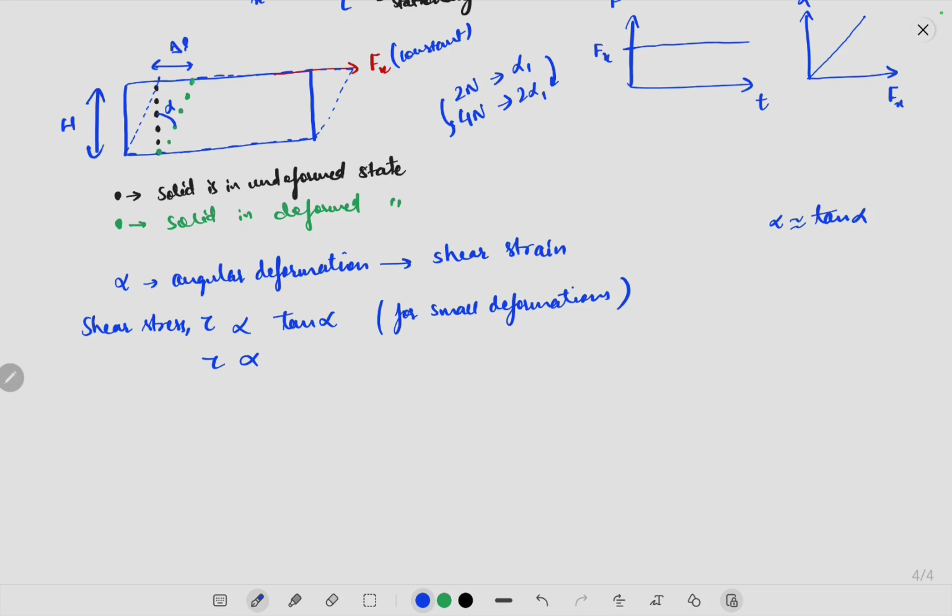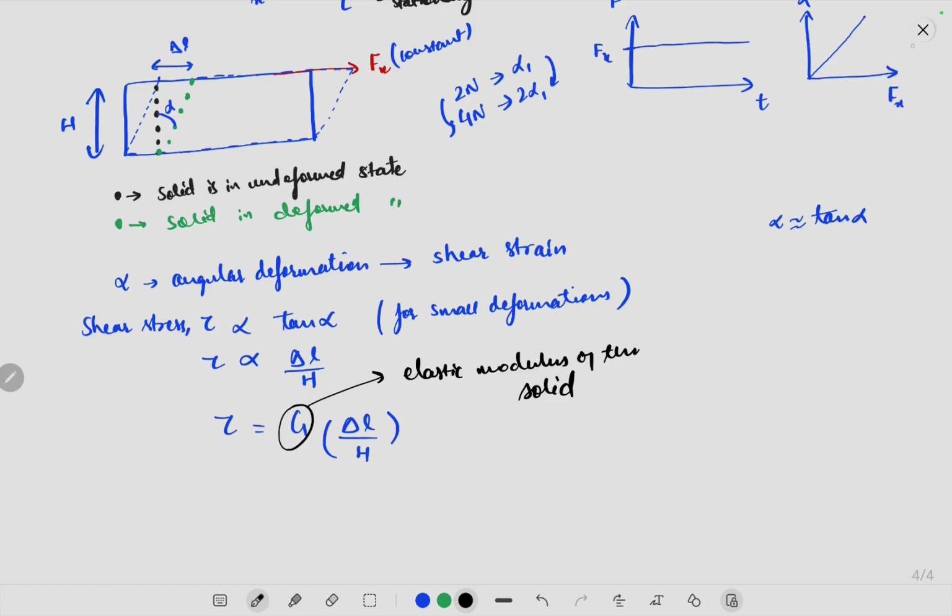Tan alpha would be this by this, delta L by H. Now the proportionality constant is G, so tau equals G times delta L by H, and this G is called the elastic modulus of the solid, or also the modulus of elasticity.